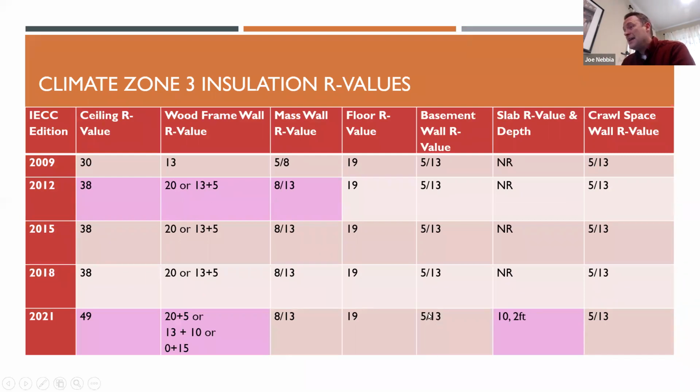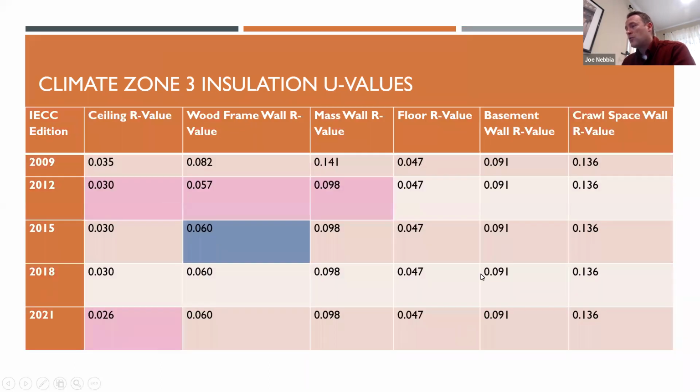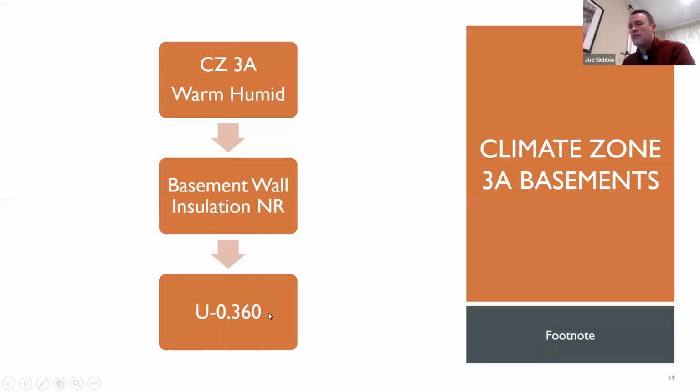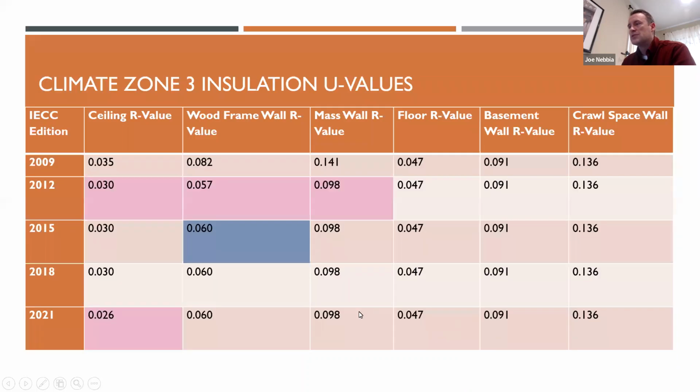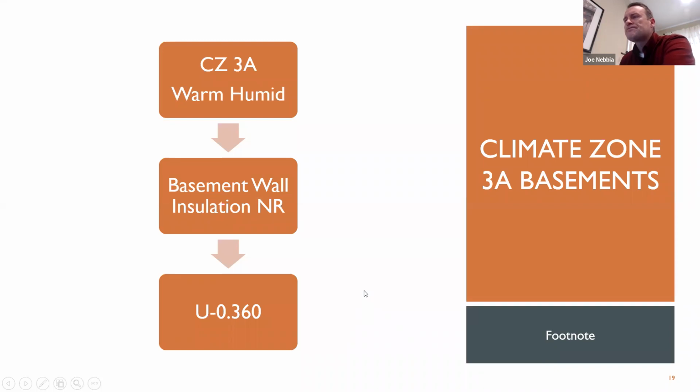In 3A, this becomes not required in the code, and the U-factor will match what you will see for other climate zones where there's no basement wall R-value. In fact, it's 0.360, I believe, is the correct value. I think I've got an example of that later where it's not required, but I might not. So check that footnote, because that does define what your U-value will be there.